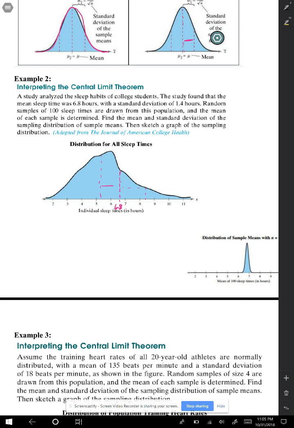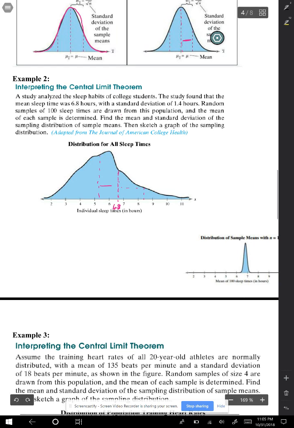The central limit theorem tells me that the mean of the sample means is equal to the population mean. They told me that the population mean was 6.8 hours. So the mean of the sample means will be 6.8 hours. That's how easy that is to find. You just have to use the central limit theorem to understand that those are equal.